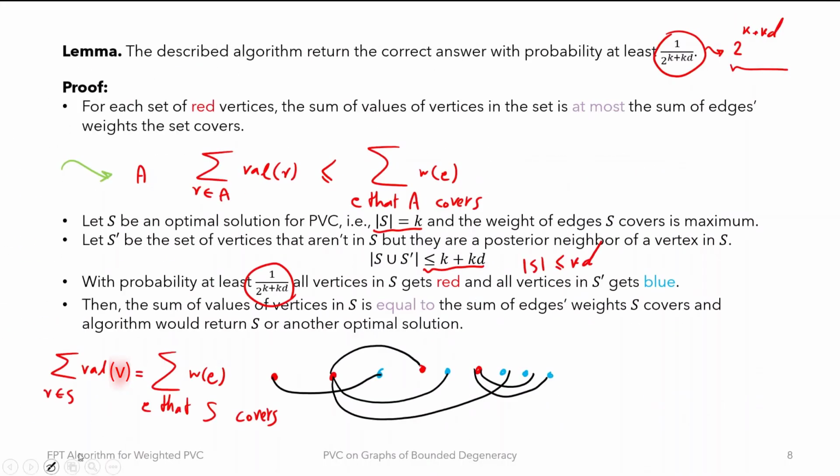Okay. We prove both this and this, and considering this, we know that S is an optimal solution.